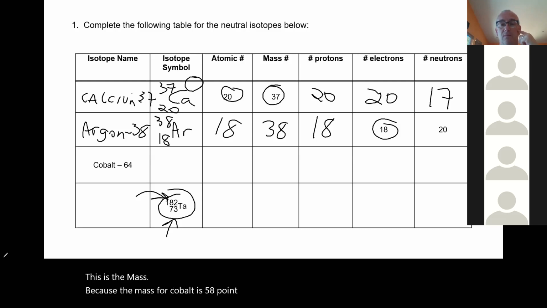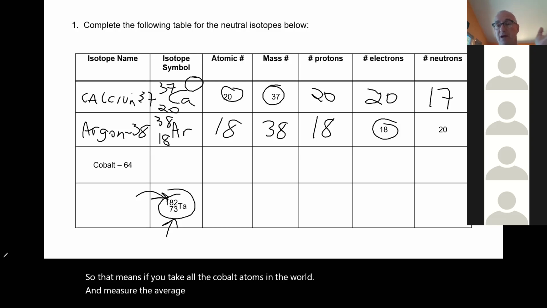Mass given is 64. So that means the average mass of cobalt is 58.9. So that means if you take all the cobalt atoms in the world and measure the average mass of them, they'll come out to be 58.9. That means that that's the average.